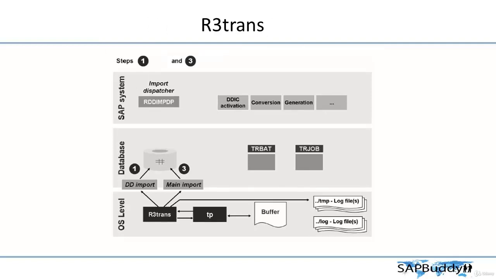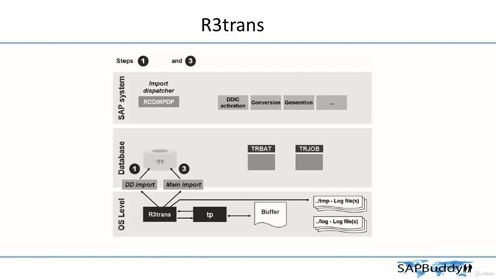In the first step of the import process, the DD import is going to be executed by R3 trans, which also writes the log files, and TP is the one going to interact with R3 trans, which will keep the buffer ready for R3 trans to execute.